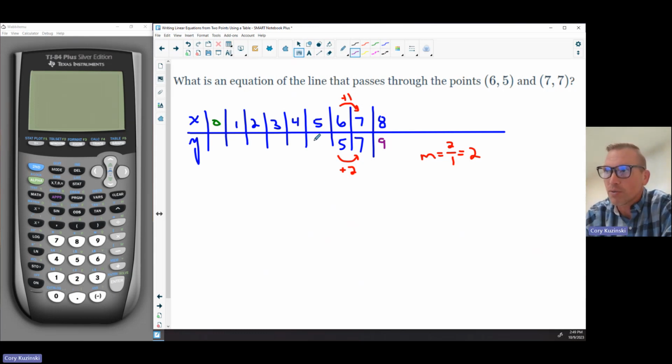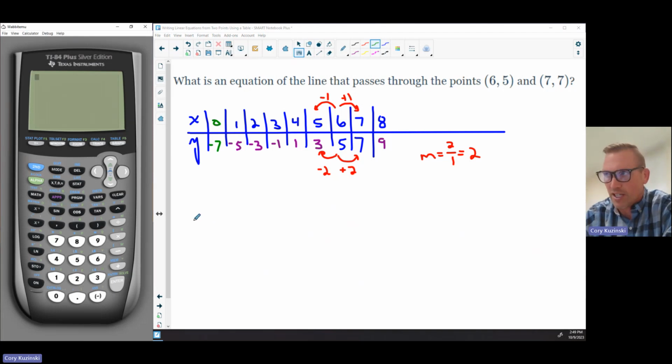Also this would be 3, because as x goes down 1, the y value should go down 2. We'll keep that pattern going. 3 minus 2 is 1. 1 minus 2 is -1. -1 minus 2 is -3, and then -5, and then our y-intercept, which is -7.